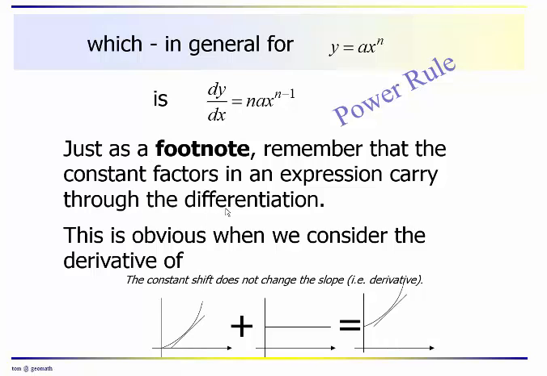And so these constant factors just carry through the differentiation, and this also happens when we add a constant to a function. Well, it's not the same thing, but when we add a constant to the function, it basically disappears because its derivative is equal to 0.